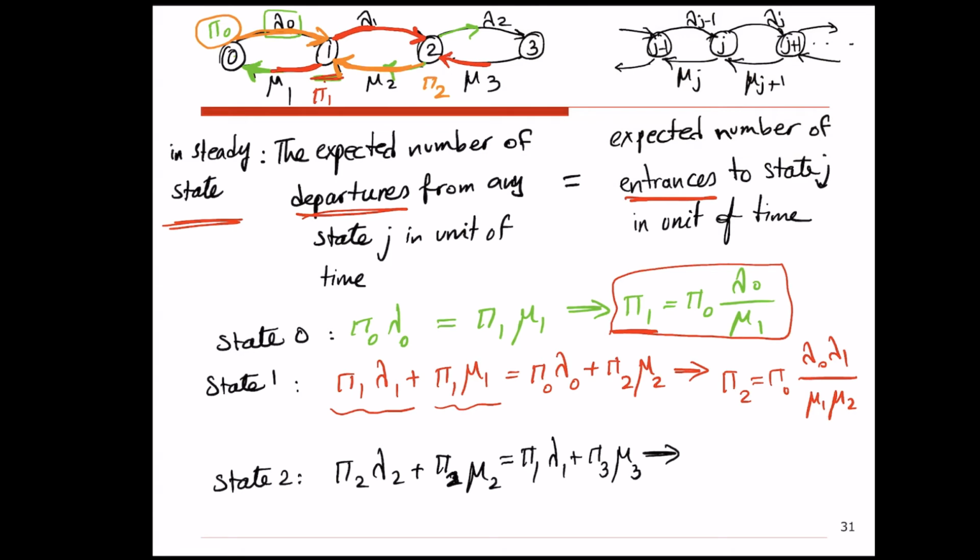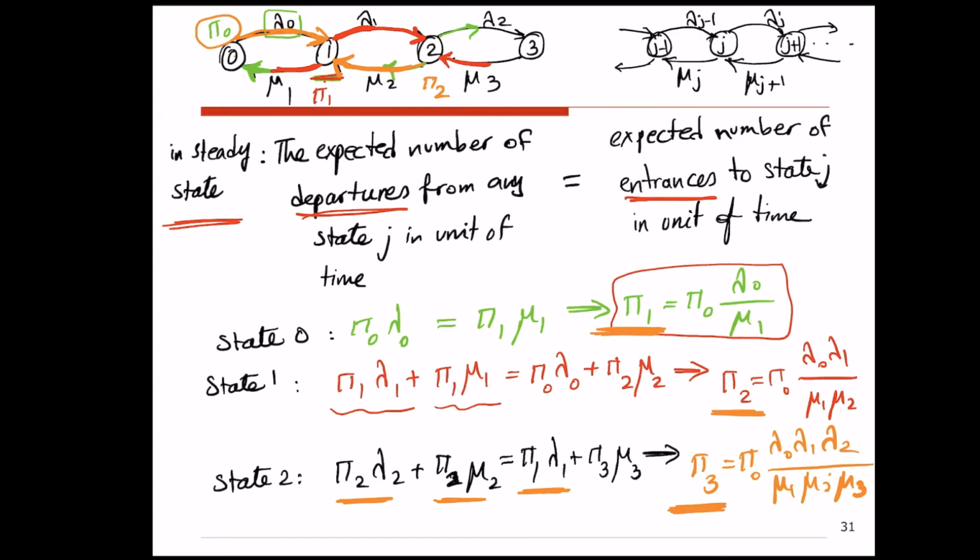So if I put the value that I found for pi 1 in this part of the formula, and the value that I found for pi 2 in this part of the formula, and I do the simplifications, then I would find that pi 3 equals pi 0, lambda 0, lambda 1, lambda 2, over mu 1, mu 2, mu 3. And that's how I'm going to calculate the probability of pi 3.